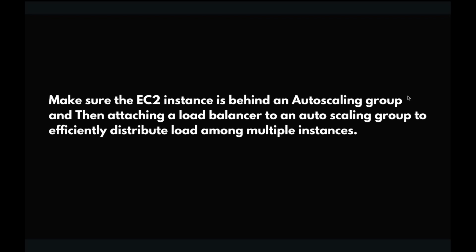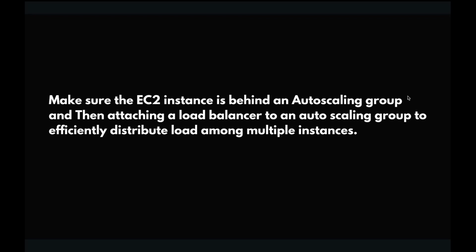First of all, we need to make sure that the EC2 instance is behind an auto-scaling group, correct? Because if there is only a single instance and that instance is reaching 100% CPU, then my website can be down. My website can crash because a single instance can handle only a certain amount of user requests.